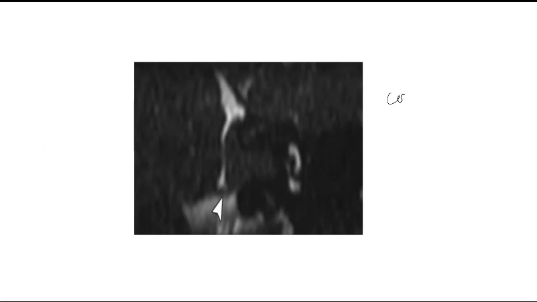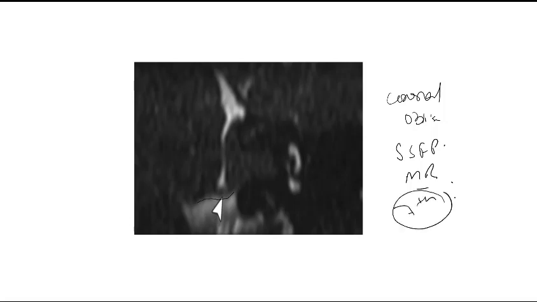Okay, this is a coronal oblique SSFP MR image sequence. Here this arrowhead is depicting the 7th cranial nerve, and the mass is abutting the 7th cranial nerve. As we have seen from the earlier slide, if a mass is abutting or coming in contact with the cranial nerve, it's very important for the surgeon, as it gives a clue about what type of surgery he should do.